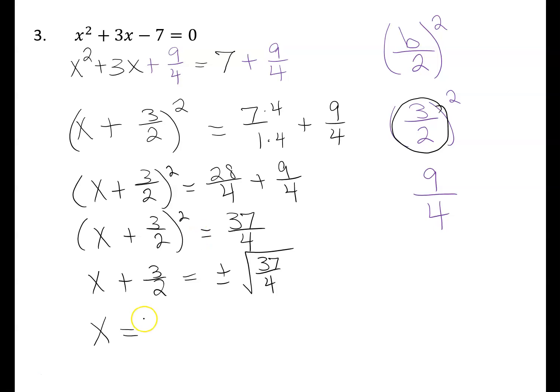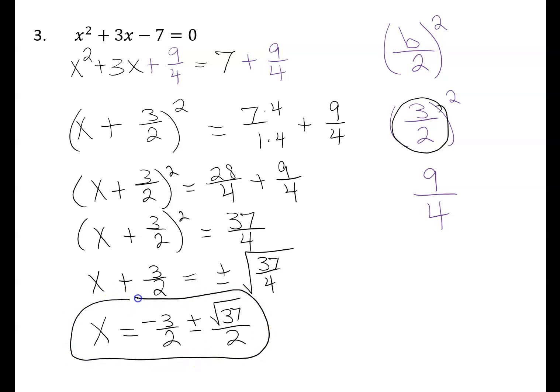I'm going to go ahead and subtract the 3/2 to move it over, get the x by itself. Then we'll have our plus minus. And for the radical, it's going to stay on the top. But when we square root the 4, that becomes a 2, and it is not under the radical. And we will leave our answer in that form.